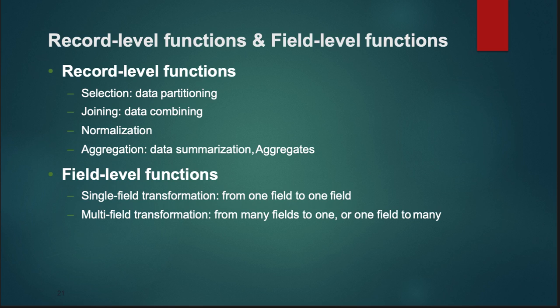In terms of record level, we have data partitioning in selected areas, joining data, combining from other tables, normalizing, and aggregation of data, where you summarize it. For field level functions, you have single, one-to-one field or multiple field, one to many or many to one.